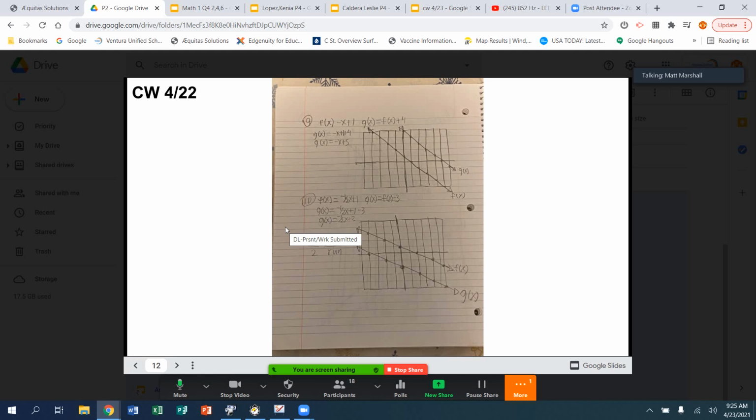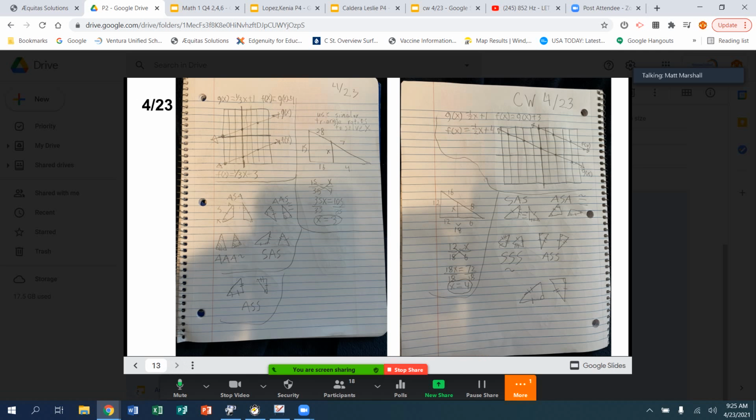I've not seen many people graph on regular line paper and have it not turn out real ghetto. But Wyatt, you did good. You graphed. All right, can you tell us something about what you did? Pick a problem of your choice. Okay.